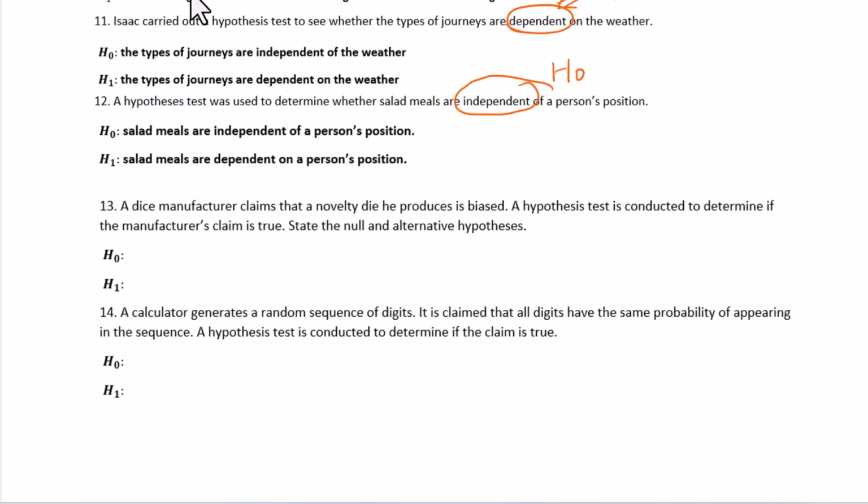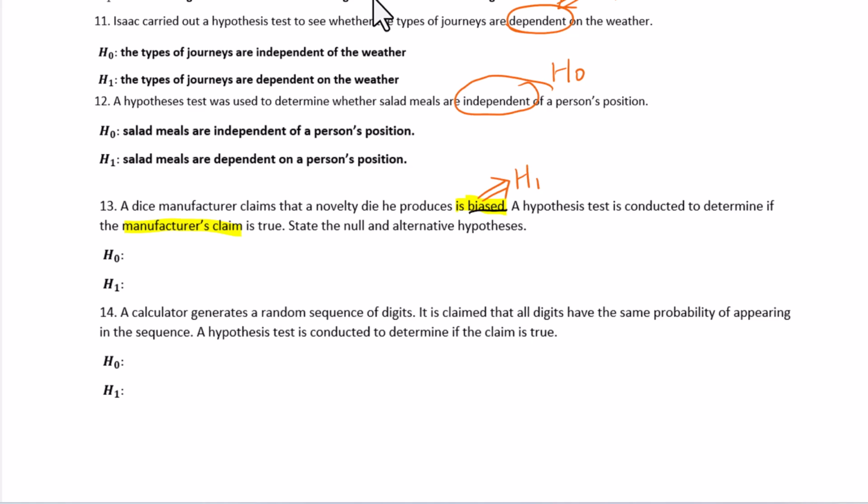Let's go to 13. A dice manufacturer claims that a novelty die he produces is biased. A hypothesis test is conducted to determine if the manufacturer's claim is true. Check what's the manufacturer's claim. He claims that the die is biased. Keyword is biased. Biased is the keyword for H1.